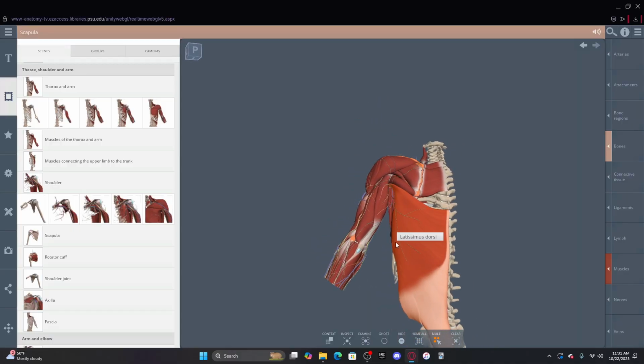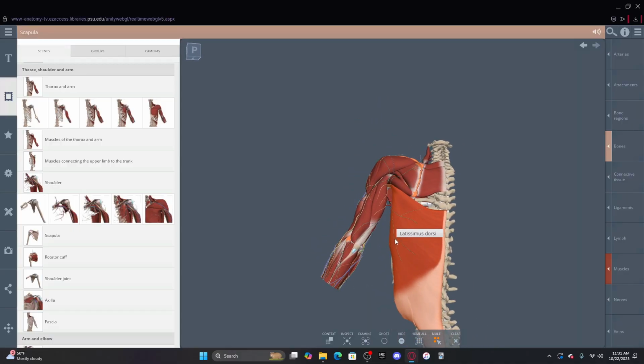And this muscle is responsible for adducting, extending, and medially rotating the glenohumeral joint.